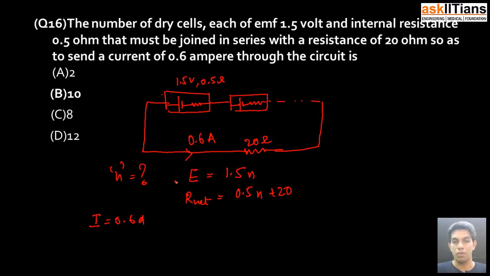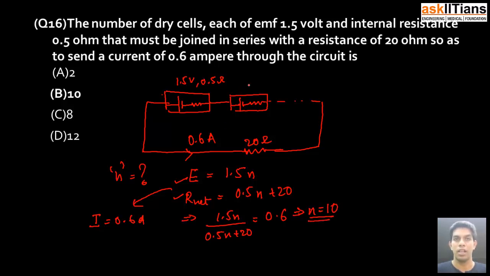So we use the values of E and R and relate it to I, that is 1.5 n divided by 0.5 n plus 20 gives me 0.6. By solving this equation, we find that n is equal to 10. So we need 10 dry cells to get 0.6 ampere when connecting those cells to a 20 ohm resistance. So B is the correct answer.